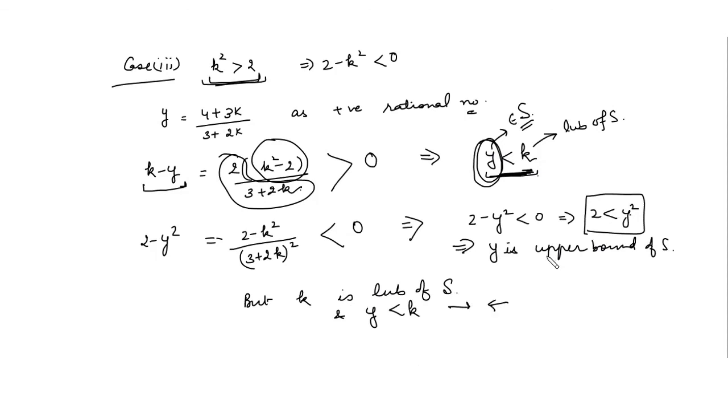You get an upper bound which is less than the least upper bound. That is not possible. This point is clear. Clear to everyone? Hence none of the cases is possible.